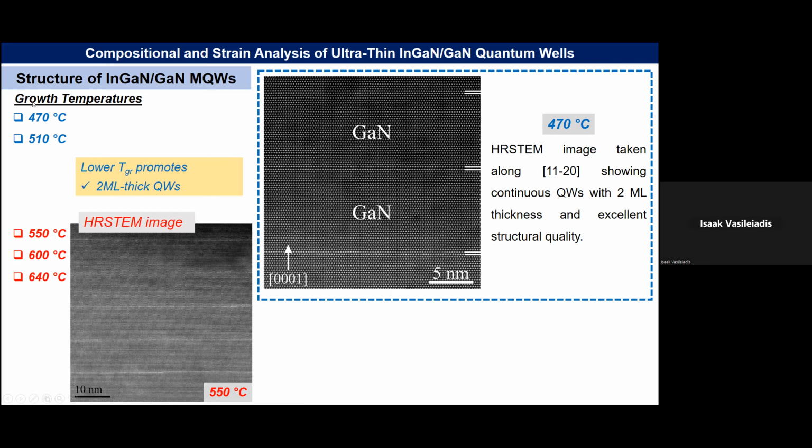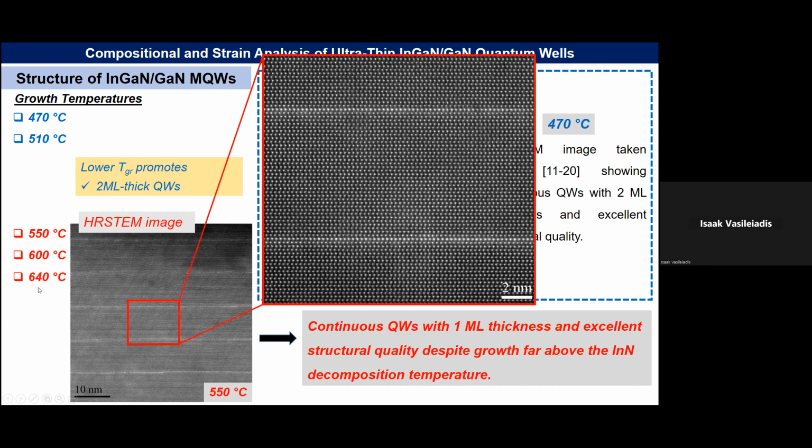When the growth temperature is low enough, you can see that the quantum well has a thickness of about 2 monolayers, while when the temperature is higher than the limit, then this layer has a thickness of 1 monolayer. And you can see here a high-resolution STEM image where the 1 monolayer quantum well is shown.